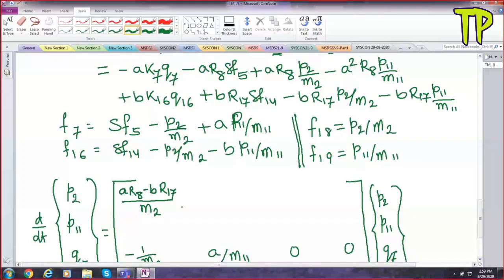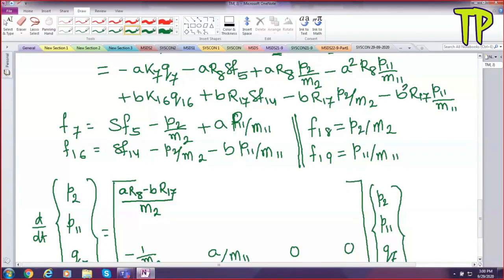Then the term associated with P11, what is that? That will come in square term. Yes. So that is A square R8 E11. This is definitely wrong. This has to be square.